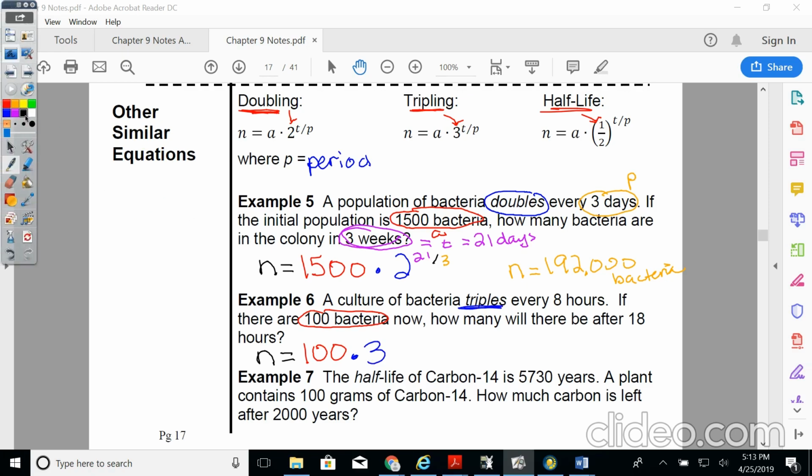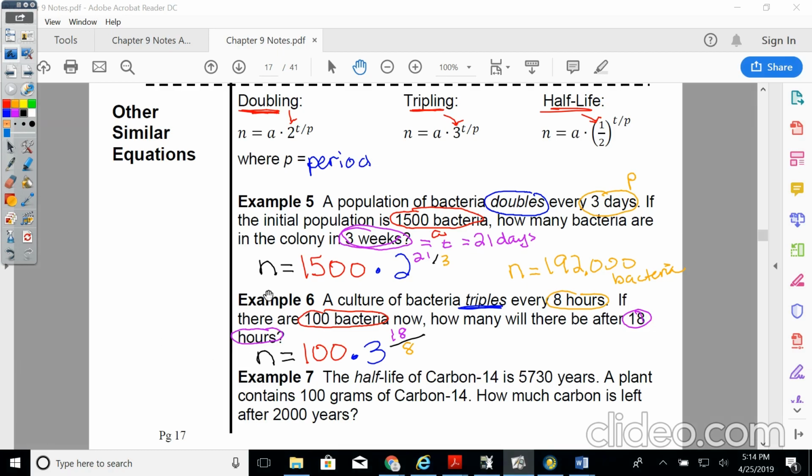And the exponent, we do the time that we want divided by the period. So the time that we want is 18 hours. So 18 is the numerator. But then we divide that by the period, which in this case is the 8 hours here. So 8 goes in the denominator.